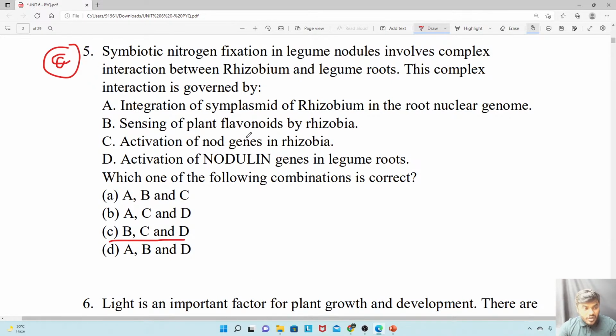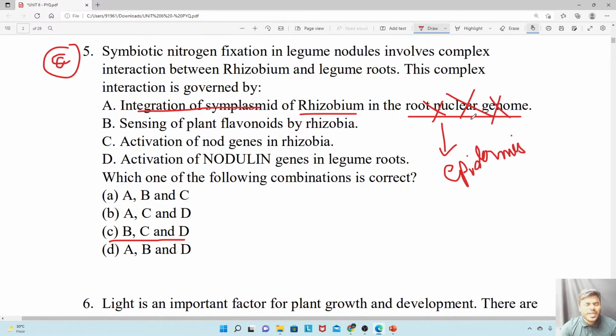Amazing, wonderful. The answer will be C. Friends, try to understand: integration of the symplasmid of rhizobium in the root nuclear genome is an absolutely wrong statement. Why do we require the root nucleus? We discussed very clearly it occurs in the epidermal cell, root epidermis. There will be no requirement of the root nuclear genome. And we all studied very clearly that the plant root starts releasing certain flavonoids.